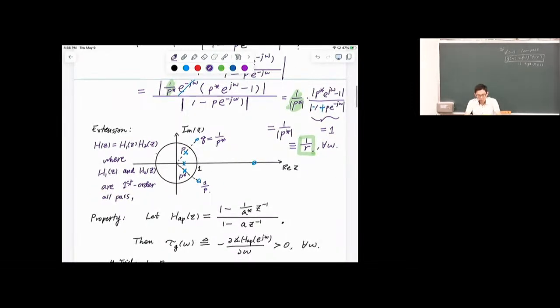If H1(z) and H2(z) each is a first order all-pass filter, and we cascade these two systems, then we multiply their system functions. The resulting product system will also have a constant magnitude response. When you cascade two systems of constant magnitude response, the product, of course, also has a constant magnitude response.